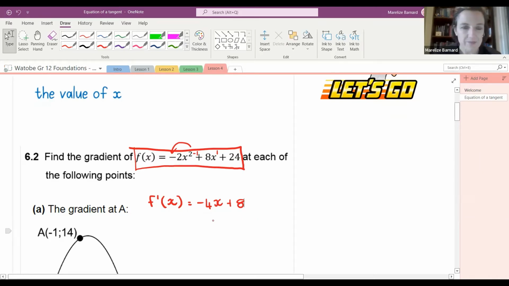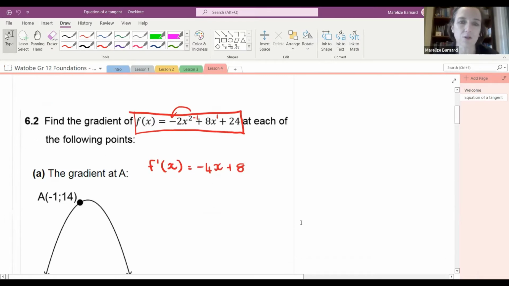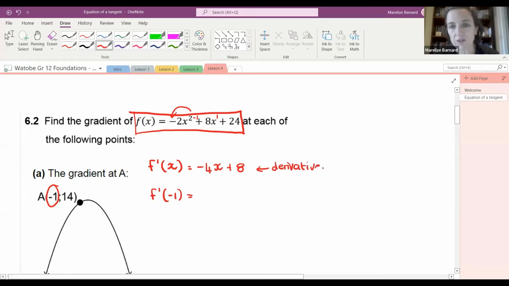Well done. So now we are going to calculate the gradient at point A. Here's our x value. It's minus 1. We are going to substitute that minus 1 into our derivative. Let's just write down what we just found. We found the derivative.